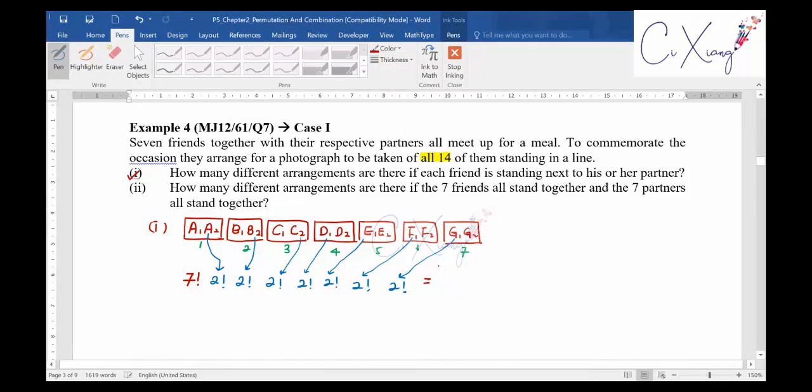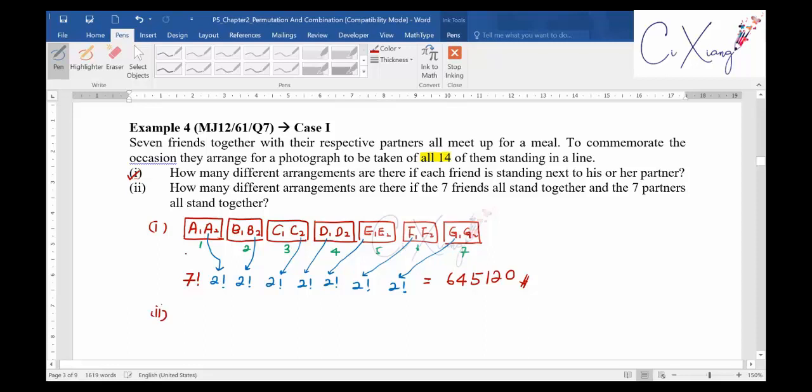Because the couple can also exchange their positions, consider every single case also. So you have to multiply 2 factorial 7 times. If you didn't make any careless mistake, you should get 645120.